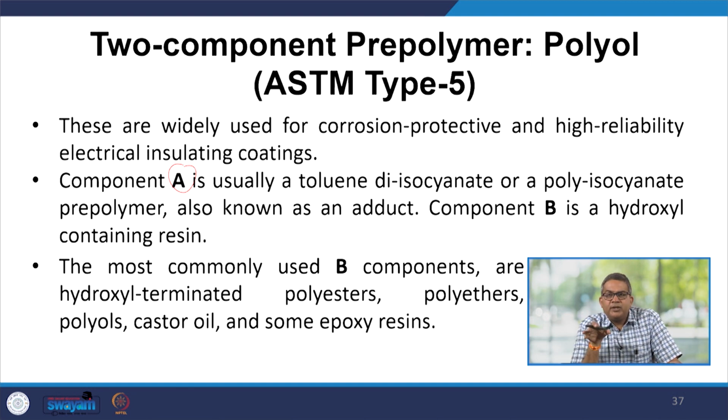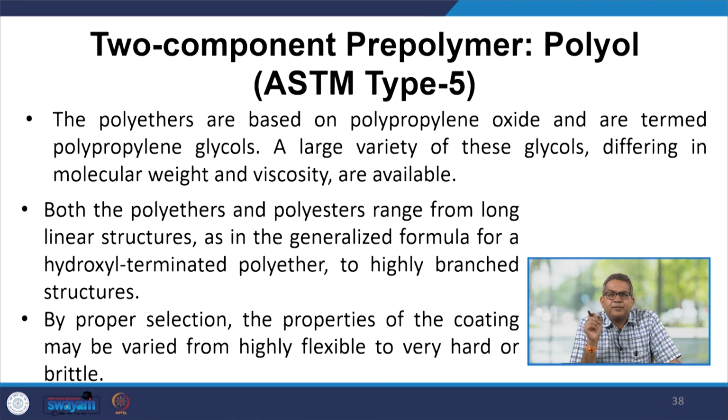The most commonly used B components are hydroxyl terminated polyesters, polyethers, polyol, castor oil and some epoxy resins. The polyethers are based on polypropylene oxide and are termed polypropylene glycols. A large variety of these glycols differing in molecular weight and viscosities are available.